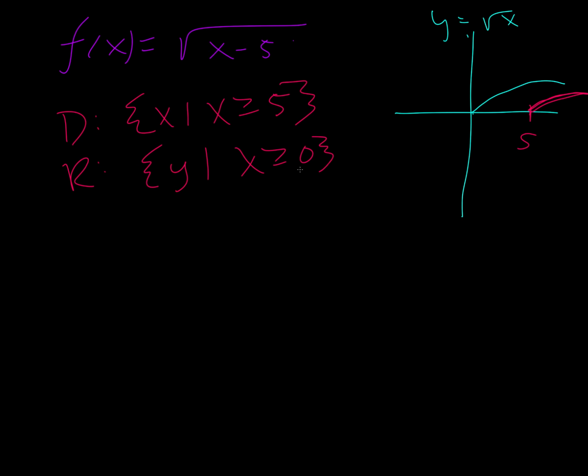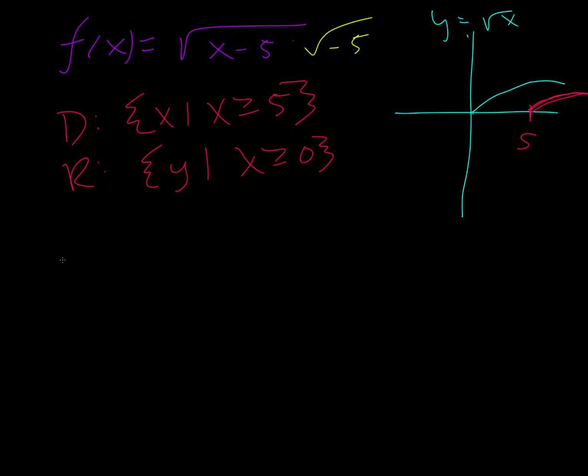For example, for the domain, if we plug in a number that's not in this domain, like let's say we plug in 0, we get the square root of -5. That's why it doesn't show up in the domain, because we get an imaginary number. And we don't want that when we're talking about domain and range.